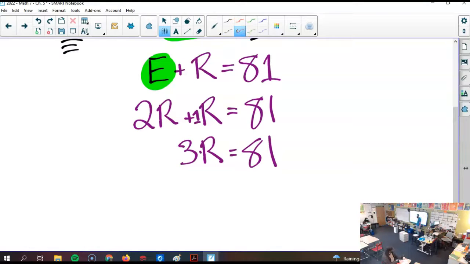What I want you to have written on your paper is that we divide by 3 on both sides. Somebody in your group can pull out a calculator, or you might just know it. What is 81 divided by 3? 27.